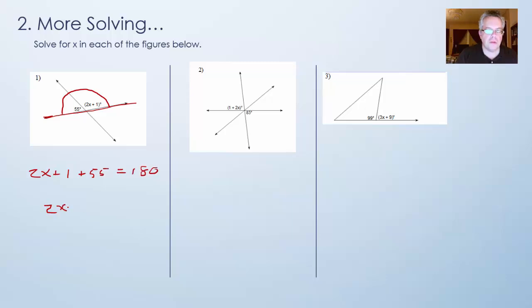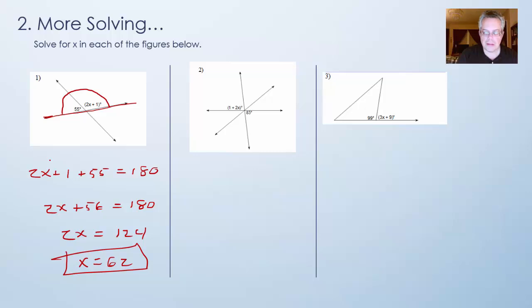Combine like terms, so we get 2x plus 56 equals 180. Subtract the 56, you get 2x equals 124. If you divide by 2, you get 62. So x must equal 62 for this diagram to make sense.